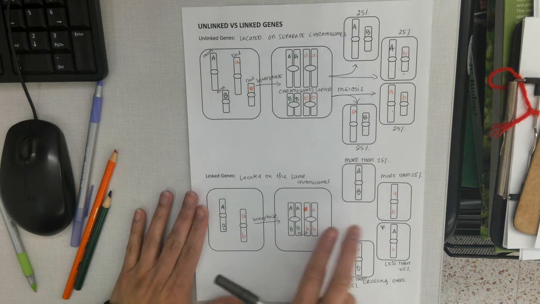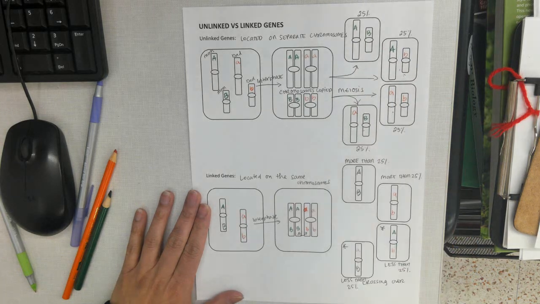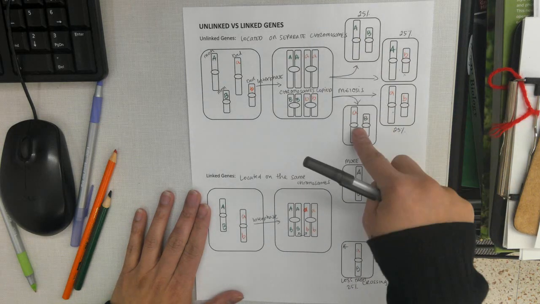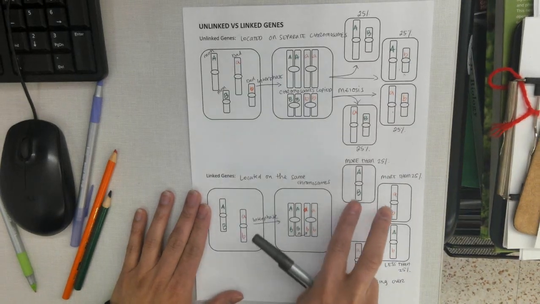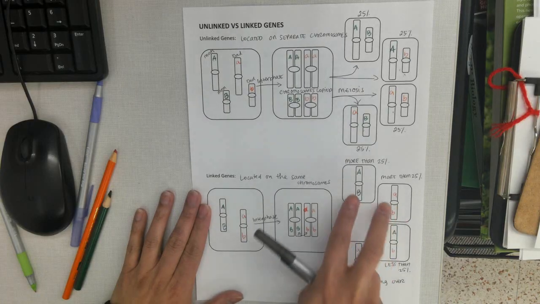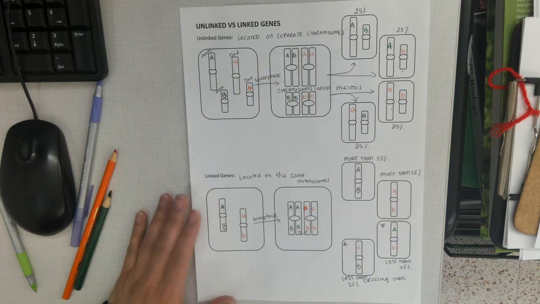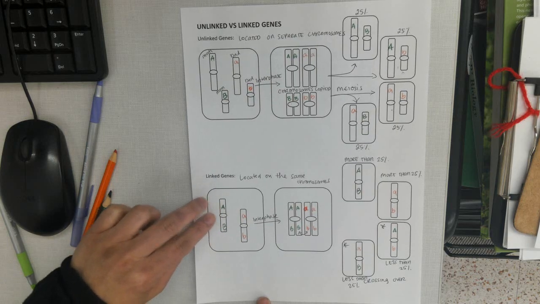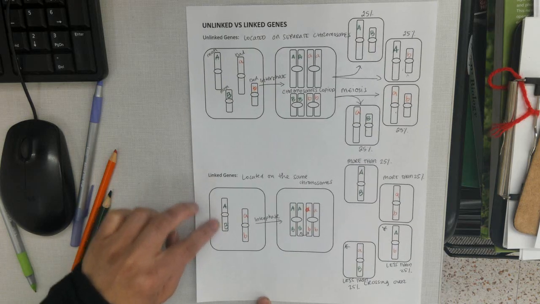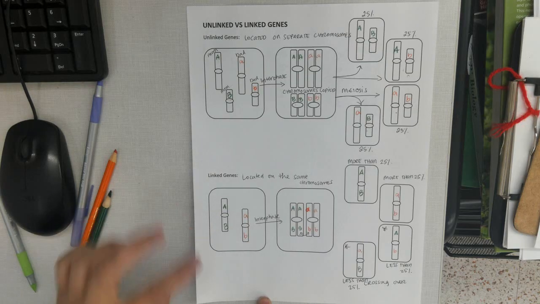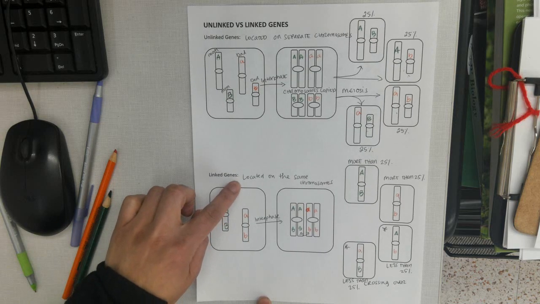Instead of 25% of the time being all equally spread out, you see more often the ones that were not crossed over in gametes than the ones that were crossed over. So that shows that genes are on the same chromosome sometimes.